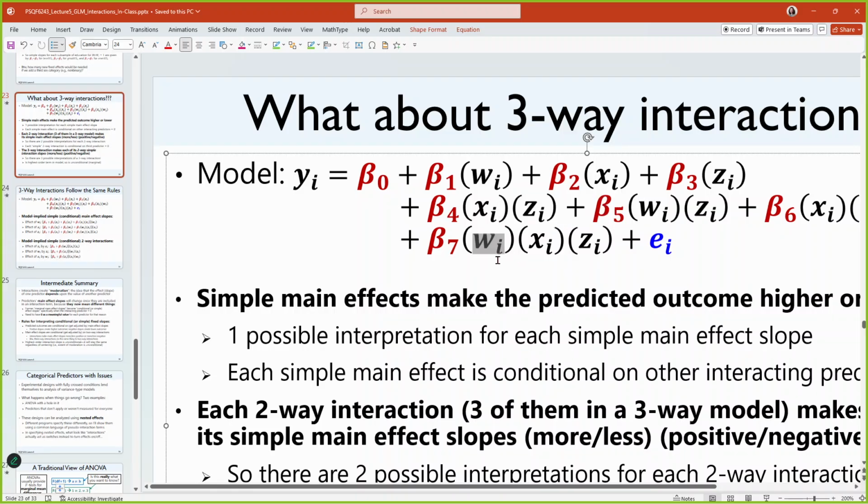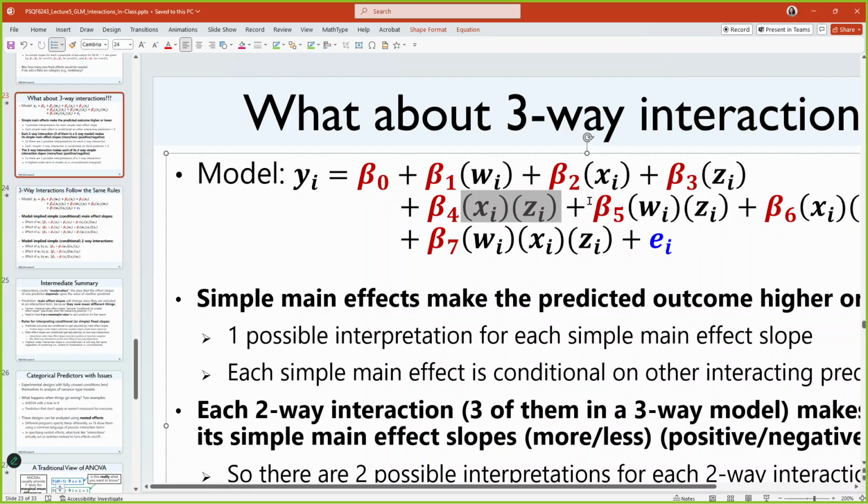Basically, what you have to ask yourself is, for the term that she's asking about, do I see that embedded in anything else in the model? If the answer is no, it's marginal. If that term is embedded in something else, then it has to be conditional, because it's whenever the something else is 0. So if you're focusing on the interaction, it's not just X and Z separate, it's their unique combination.